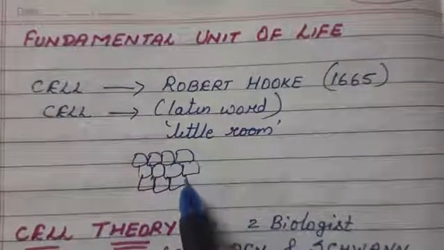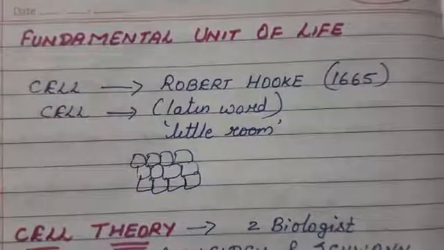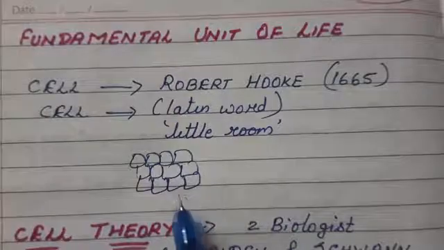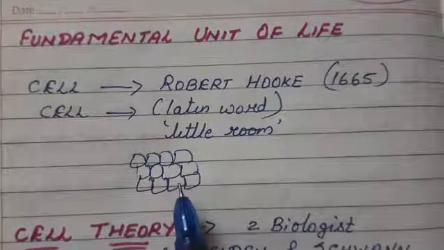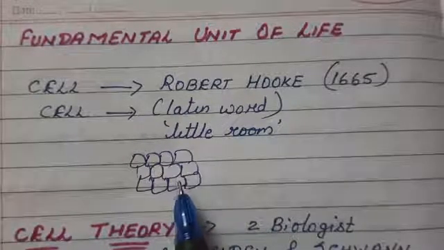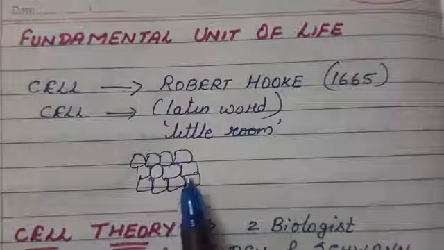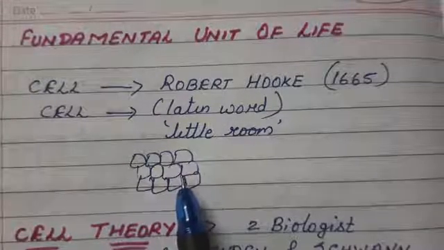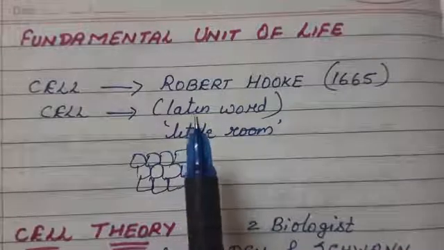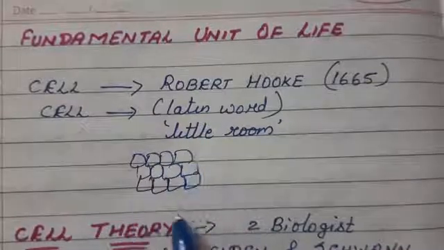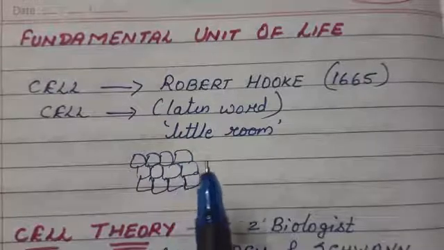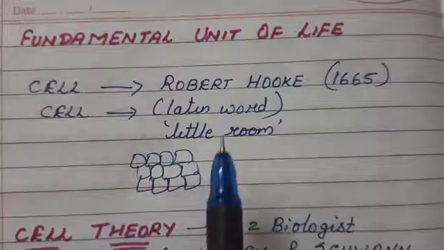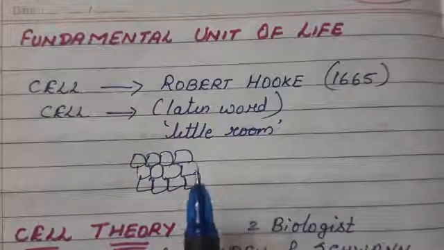Since it looked like small boxes or little rooms, Robert Hooke called these boxes cells, a Latin word which means little room. So this is how the cell was discovered, by Robert Hooke in 1665.